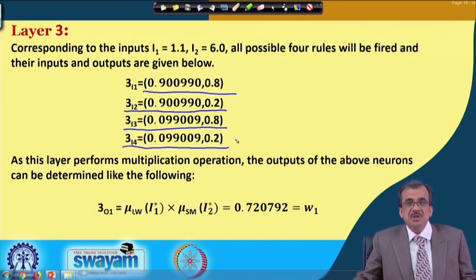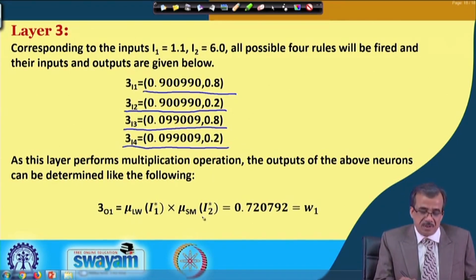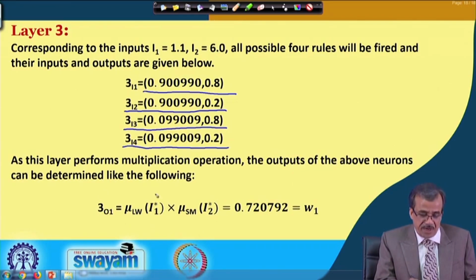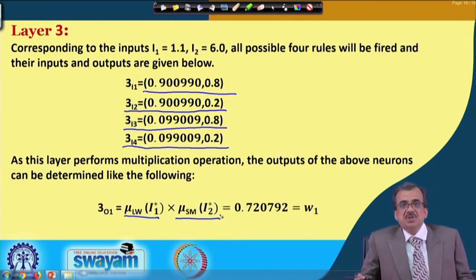And what you will have to do now, to determine the output of the third layer, is multiply the mu values. For example, say the output of the first neuron lying on the third layer is nothing but mu low corresponding to I1 star multiplied by your mu sm corresponding to this I2 star.